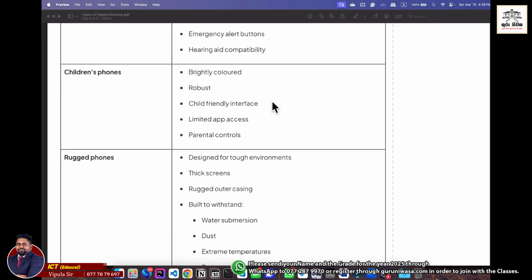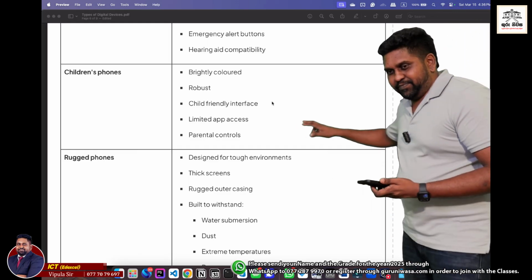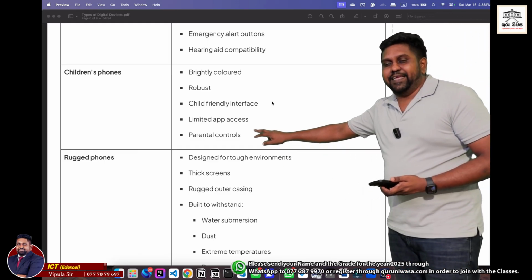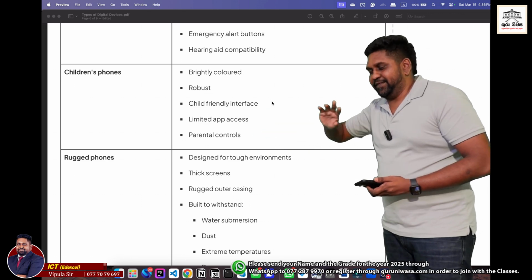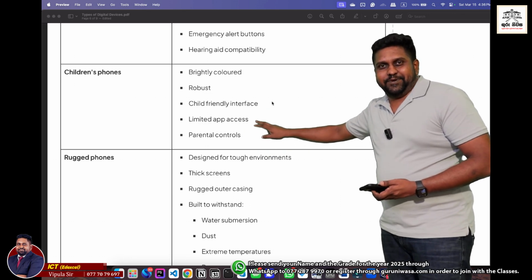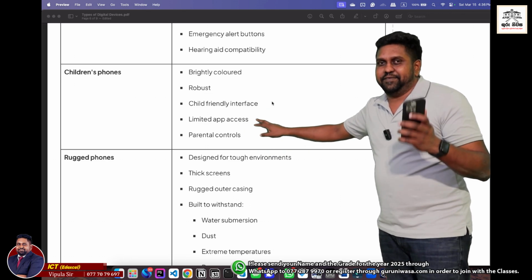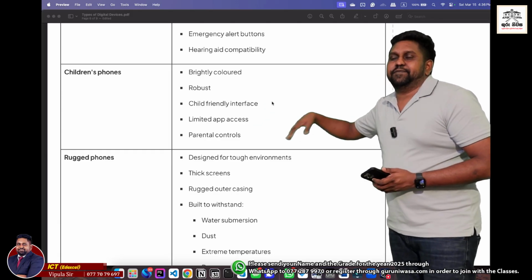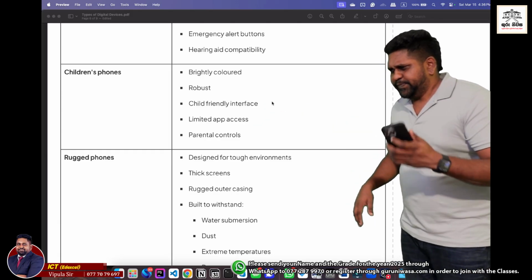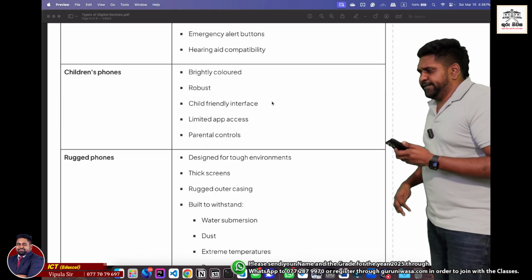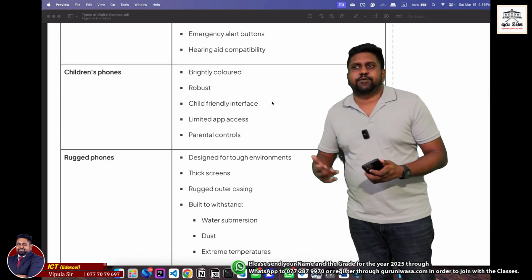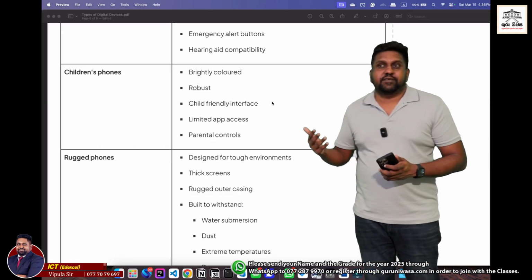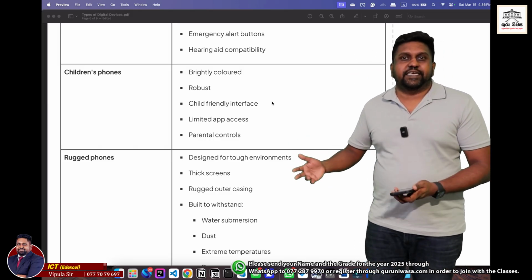children's phones. Basically they are brightly colored with limited access and parent controls. Okay, so these two are the primary points which you must write if you get this question, where somebody asks you to explain what a specialist phone designed for a child is.